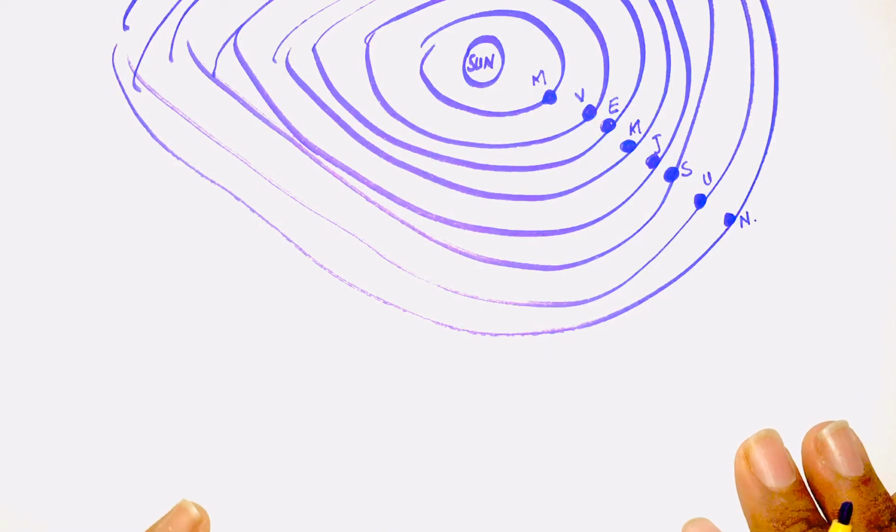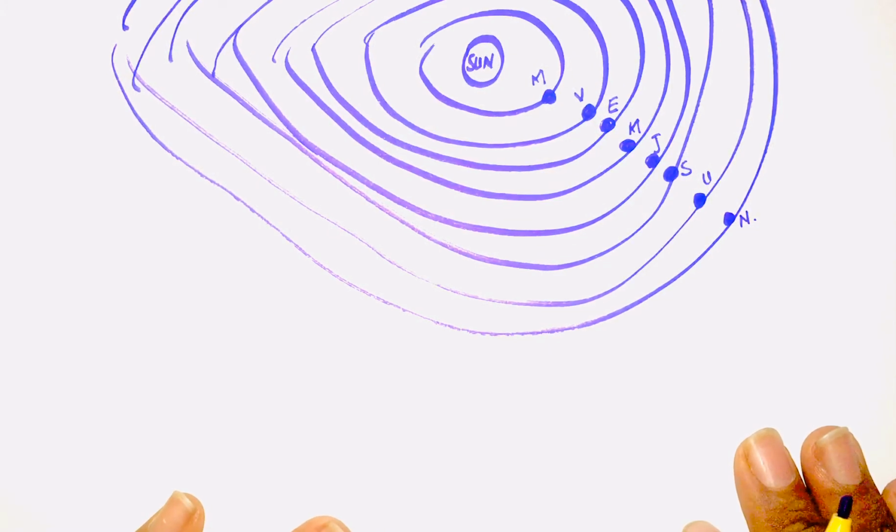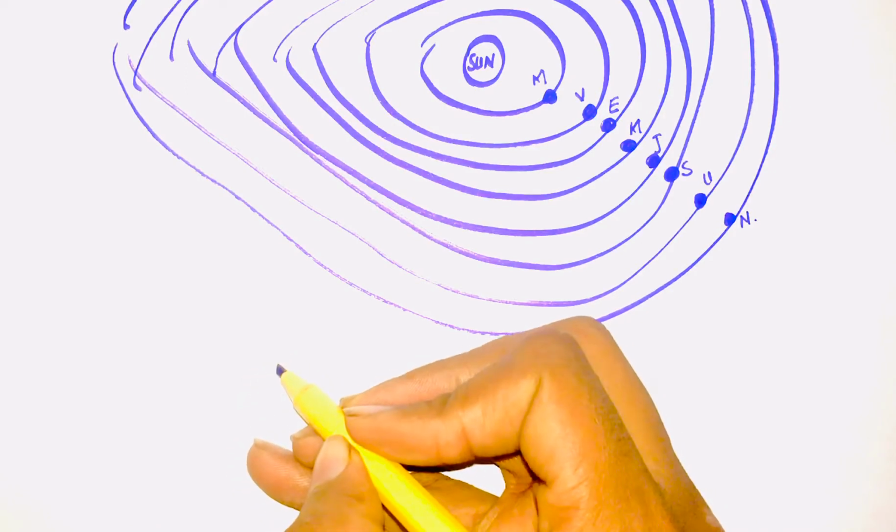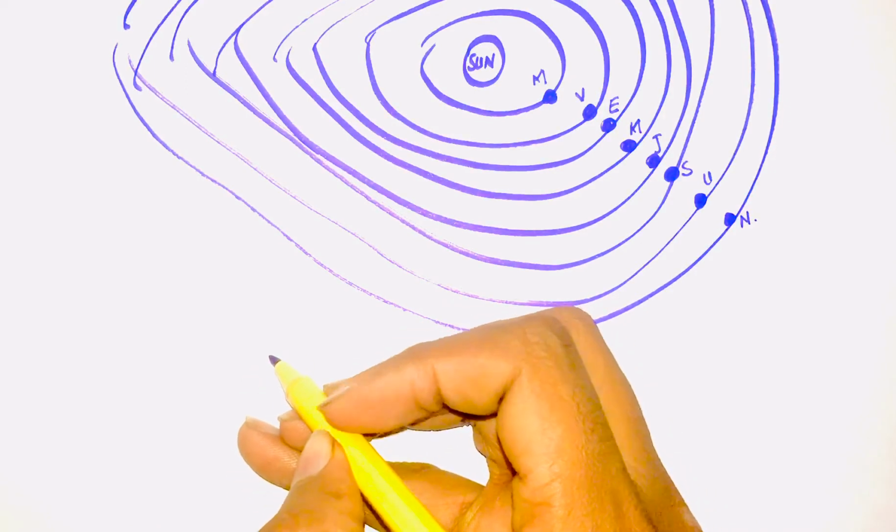There are two ways to remember the names of these planets. What are these? The first one is to remember a sentence.